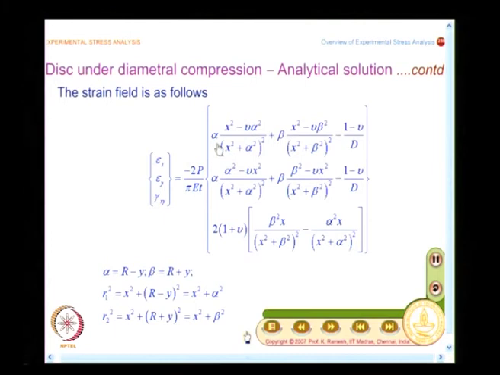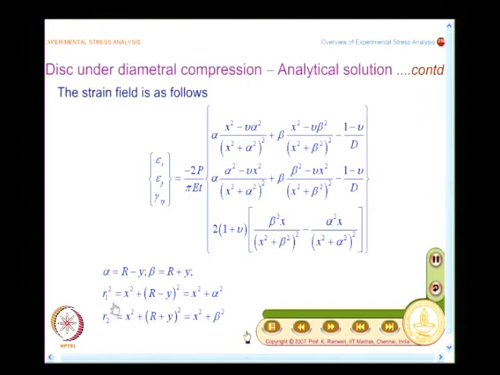I have this as alpha into x squared minus nu times alpha squared divided by (x squared plus alpha squared) whole squared, and alpha is defined as alpha equal to r minus y, beta equal to r plus y, and alpha and beta are also related to r1 squared and r2 squared as follows.